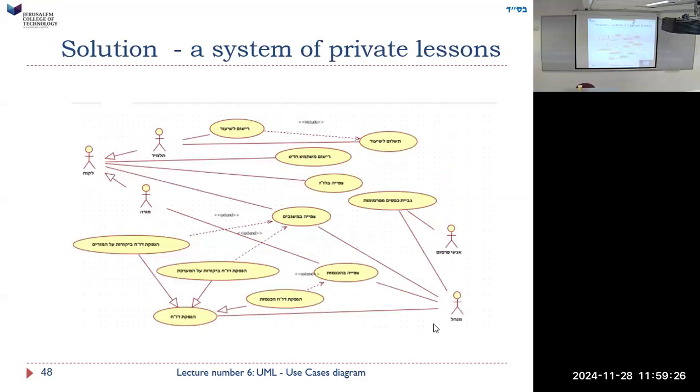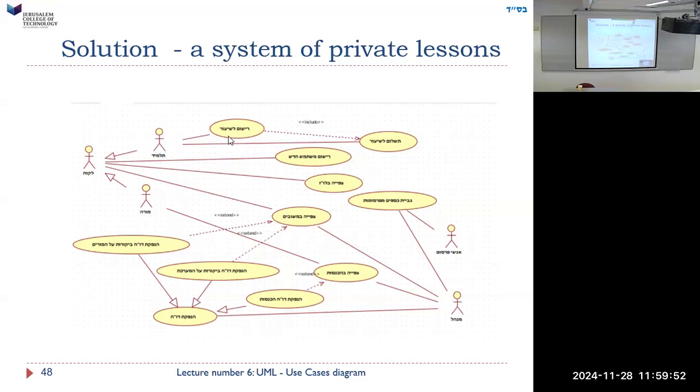So here you see that the manager can do collecting money from advertisement, whatever that means. I don't know what that means. And here you see that there's a client, and there's two kinds, a teacher and a student.